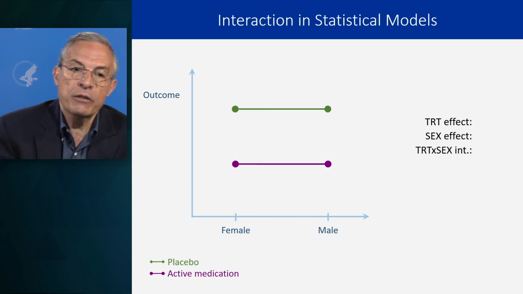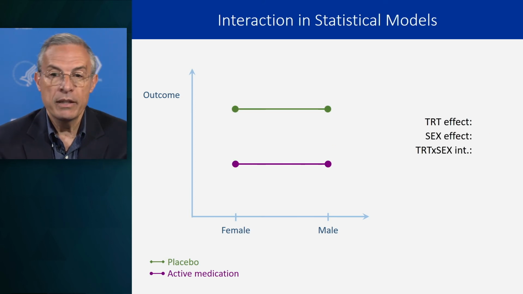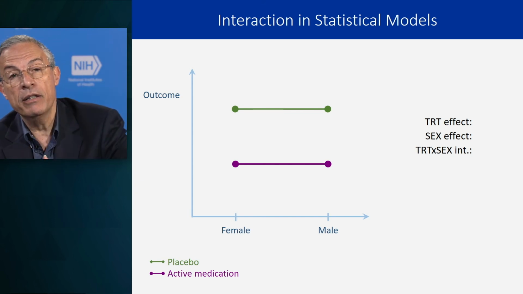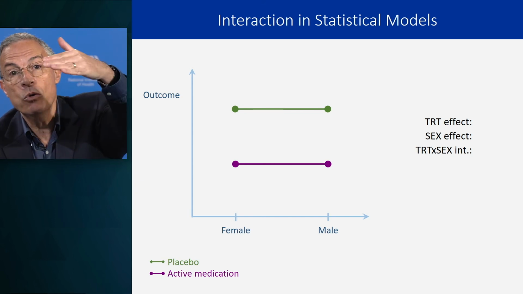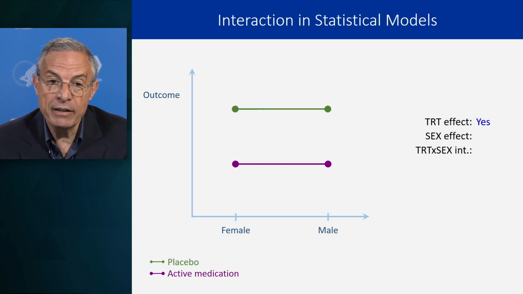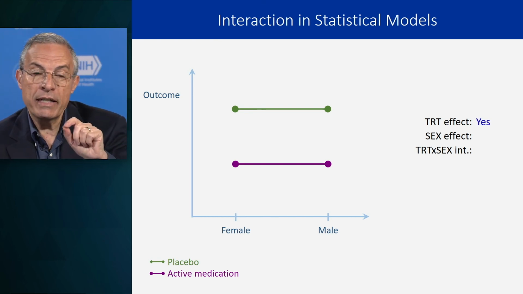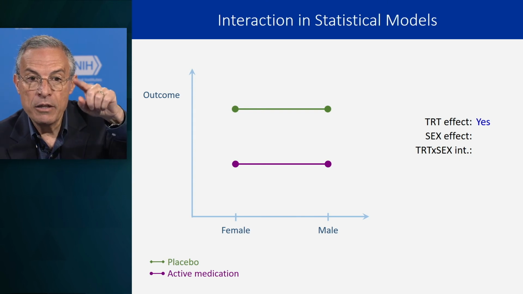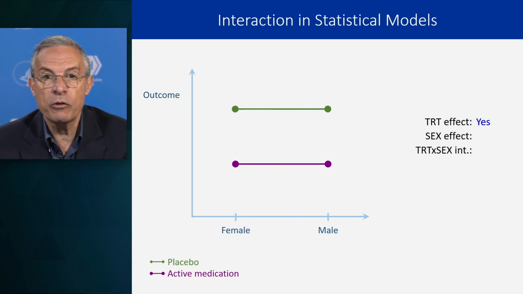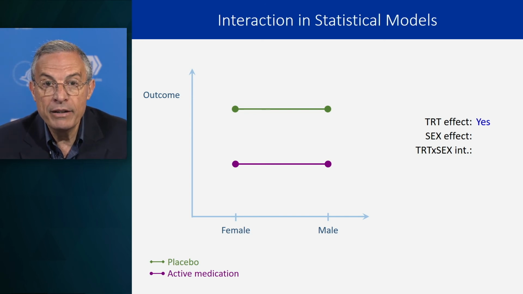Let's go over another one. Is there a treatment effect? Yes, now the placebo is higher than the medication. So there's more cigarette smoking, so there is a treatment effect. Is there a sex effect? Well, the way to look for a sex effect, look at the middle of the 2 points for females and the middle of the 2 points for males. Are they different?